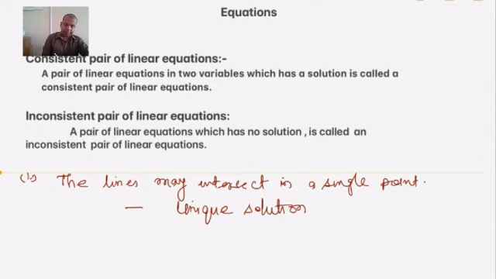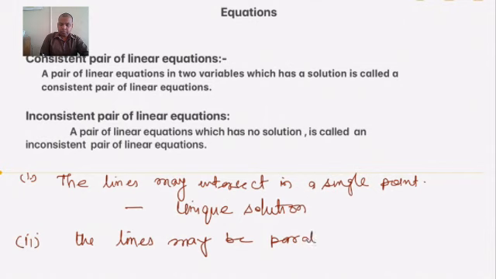Second possibility is that the lines may be parallel, and in this case there will be no solutions. Why? Because lines are not intersecting each other, that's why there will be no solution.